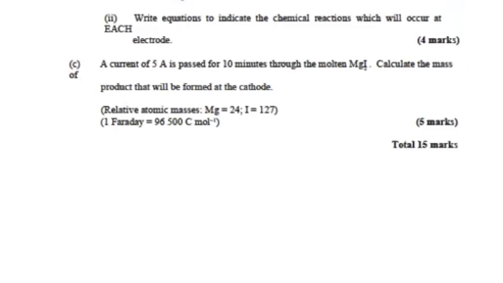Part B2, write equations to indicate the chemical reactions which will occur at each electrode. So it's molten magnesium iodide. So the ions present are Mg2+ liquid, and we have I- liquid.